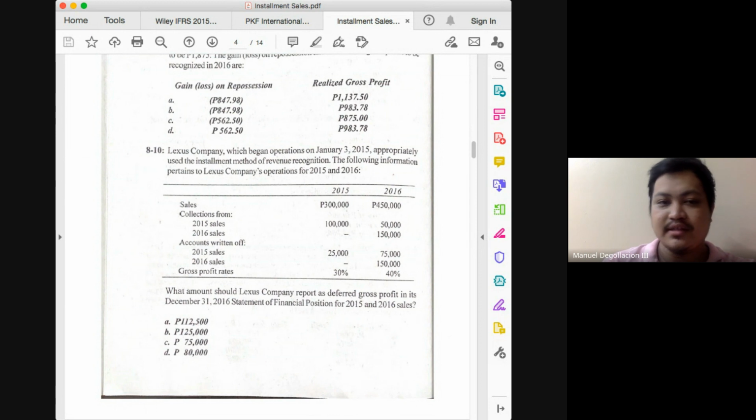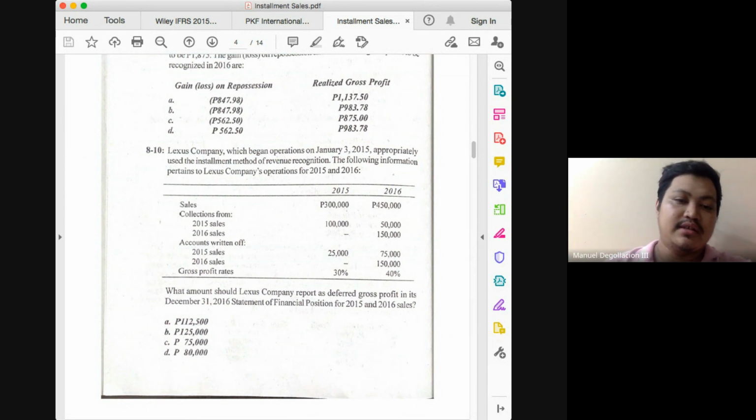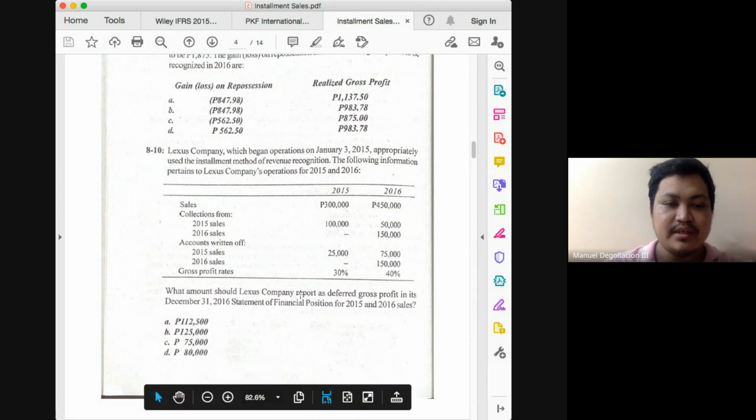The balance as of the end of 2016 would be 150, and the markup on this would be 40%. So 150 times 40% gives you 60. Our total DGP is 15,000 for our 2015 sales and 60,000 for our 2016 sales, so a total of 75,000, which is letter C.